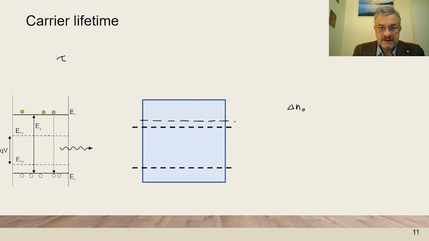This creates a step of the Fermi level, and this is going to come down by recombination after the pulse, so that the evolution of this step will be the initial value and some type of exponential decay. So this tau is the characteristic lifetime of recombination at this particular steady state.